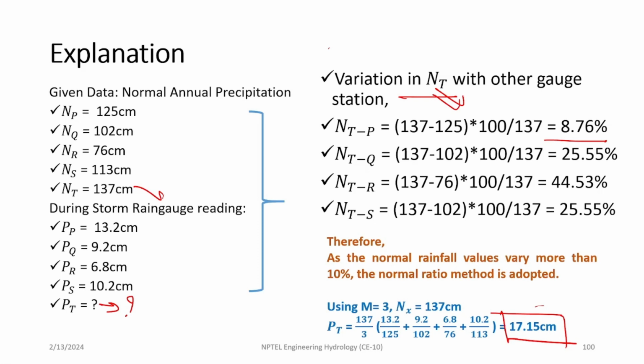Then 137 minus 102, into 100, divided by 137. The second one is also correct.